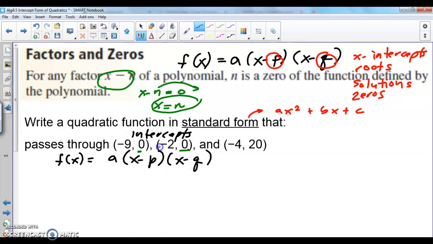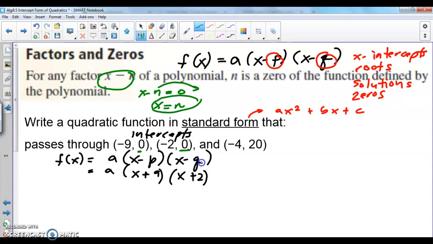They will come from the given intercepts. So it will now become a times x minus -9. That will make the negative and the other negative positive. So that will turn to positive 9 times x minus -2, and minus times the other negative will change that to positive.